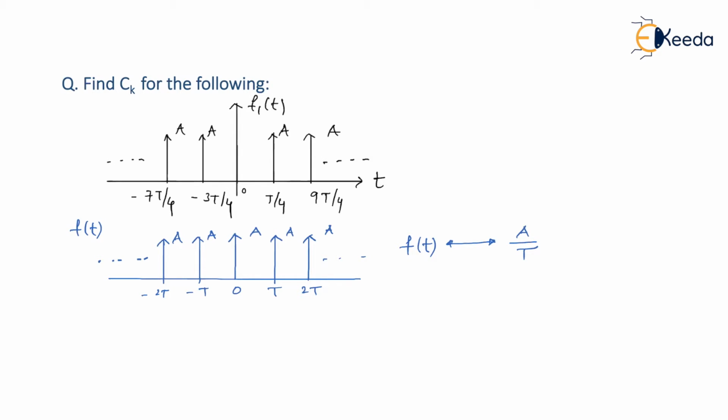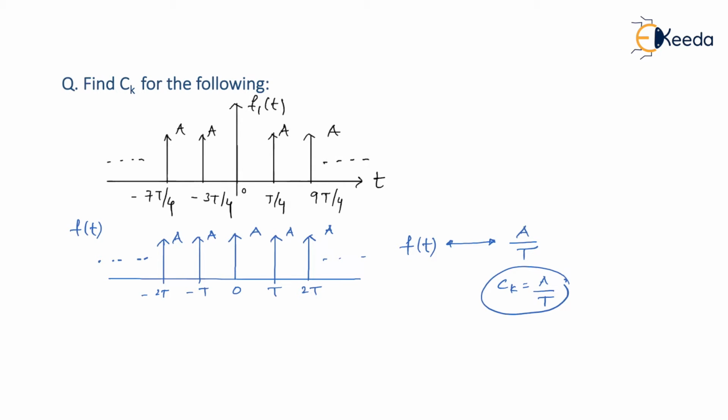So this was ck, right? ck was a by T in case of f of t, in the problem that we did in the last video lecture. So are you able to find any relation between f1 of t and f of t? If you see carefully, your f1 of t is nothing but a delayed version of f of t by quantity T by 4.